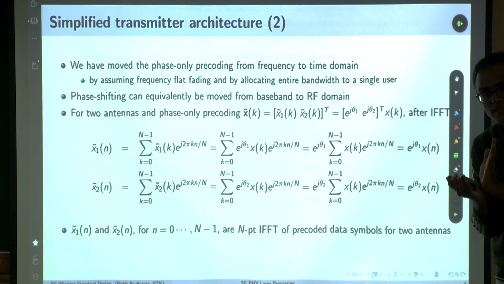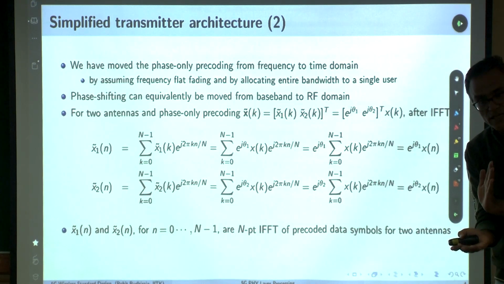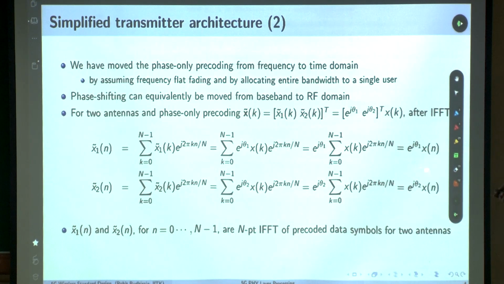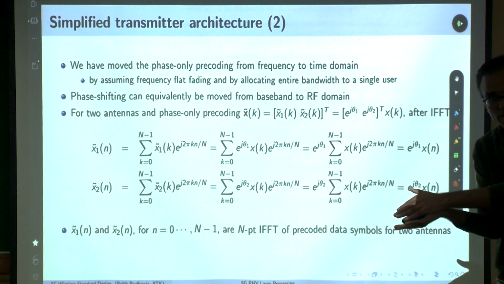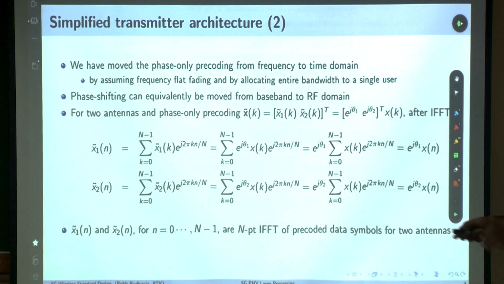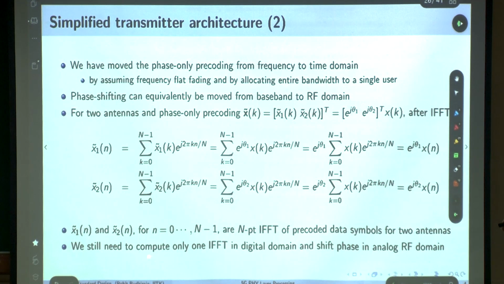Now, if this is a special kind of precoder that is constant across subcarriers, I can do this operation equivalently in the time domain. x of n, with e raised to power j theta 1 and e raised to power j theta 2. What is it telling us? You take all these symbols of the OFDM symbol, all these subcarriers, take the IFFT, and then do the precoding.